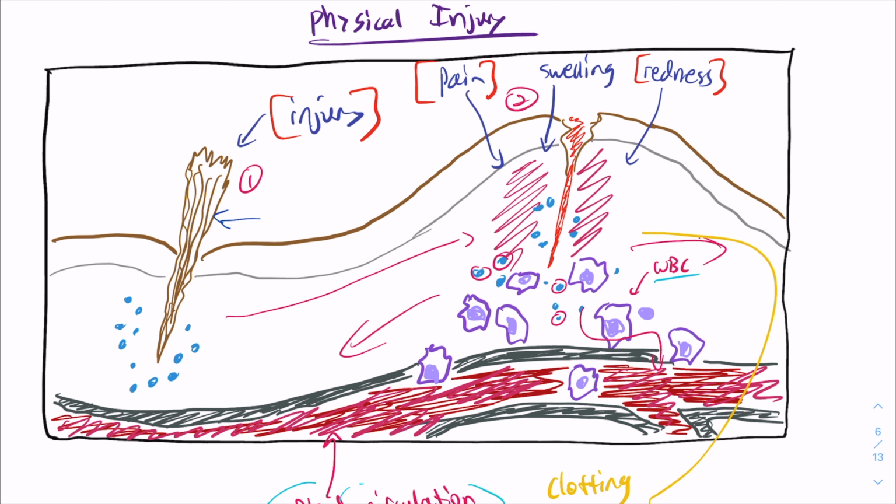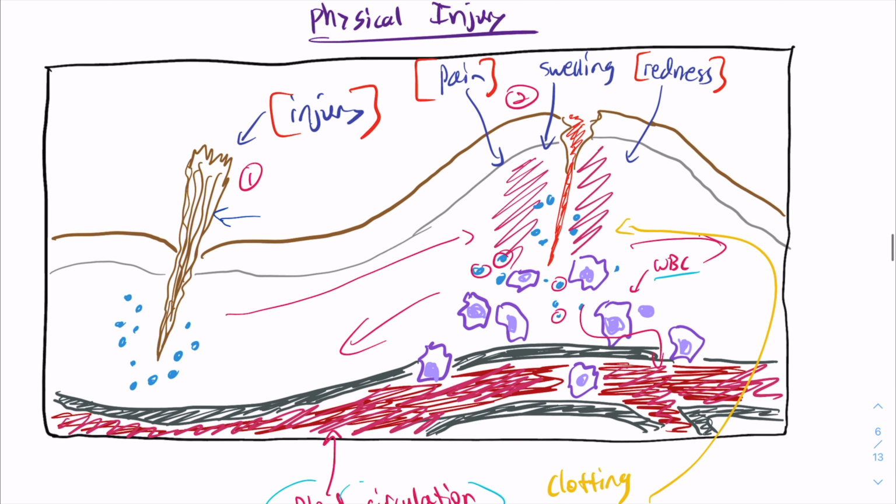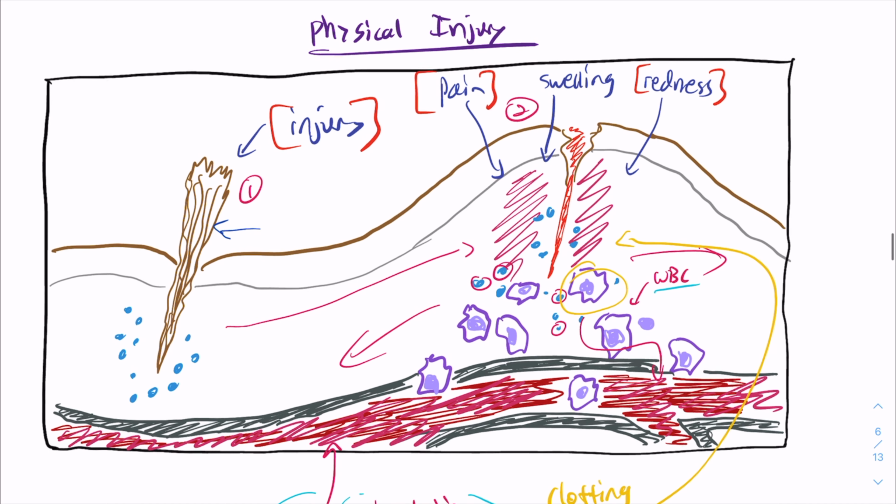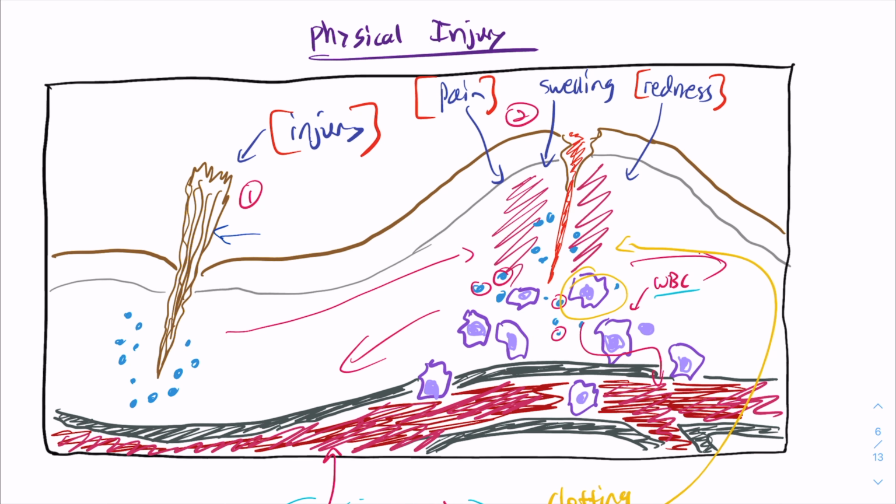So those kind of spring into action as well. The blood vessels dilate so that the white blood cells and things can get through, and all this stuff goes down, and over time your injury heals, and you can thank those white blood cells for that healing. So the innate immune system is really what responds during physical injury. Again, the innate immune system is a general response. It's not really specific to anything.